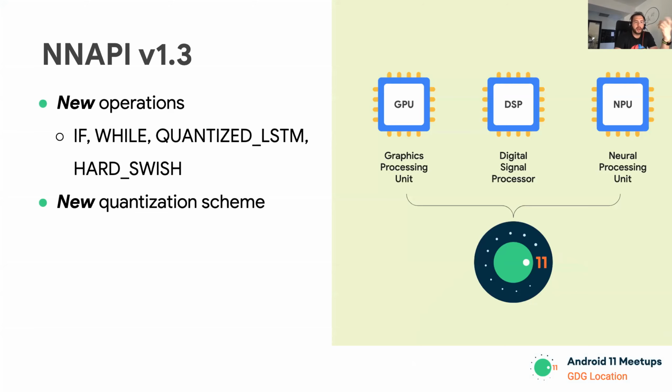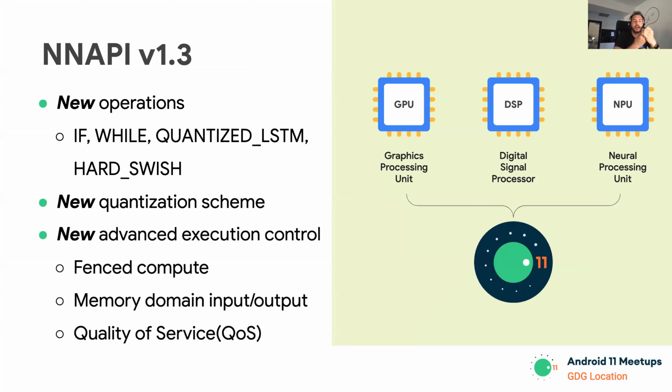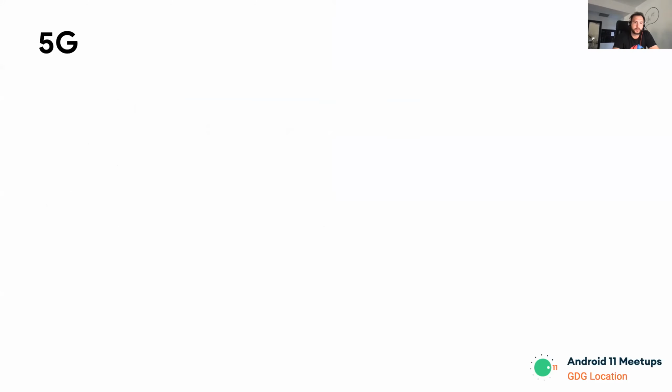These are advanced topics and not everyone uses them, but be aware that this NN API 1.3 comes with some new operations and also a lot of nice features when it comes to how the execution control of the model happens under the hood.